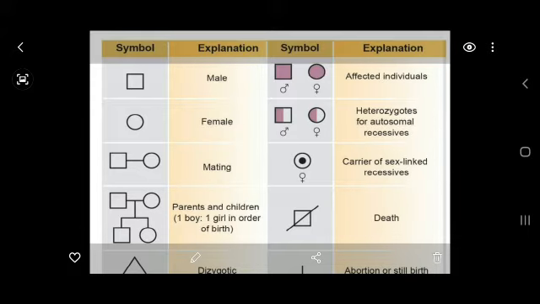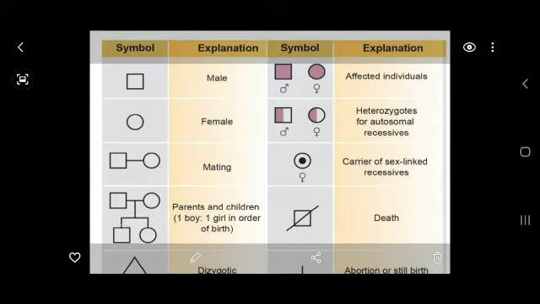After the marriage symbol, there will be a branch coming out. You can see the branch coming out and giving rise to both like this. This represents the children born to the parents.